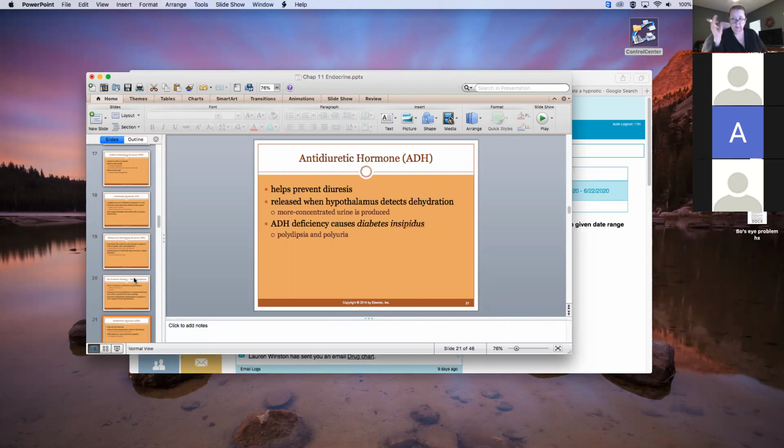So think of an animal that is deficient in ADH. There's no stimulus to retain water, so they're going to keep urinating. Some people on the urinary test said the primary clinical sign was polyuria.